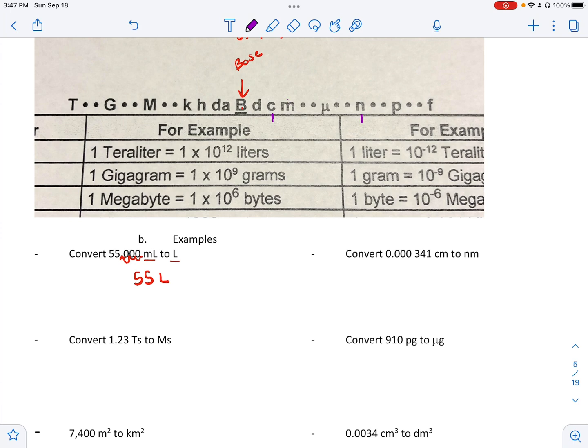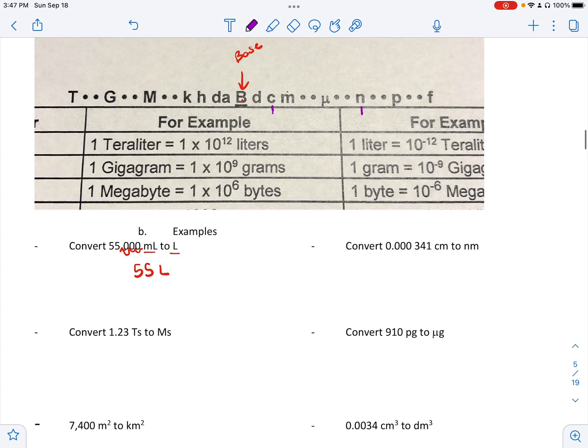So we go 1, 2, 3, 4, 5, 6, 7. We're going to move the decimal 7 places to the right. So 1, 2, 3, 4, 5, 6, 7. So we're going to get 3,410 nanometers.